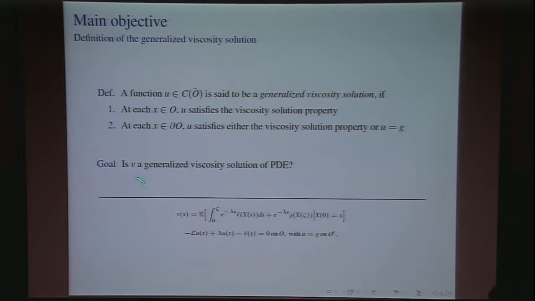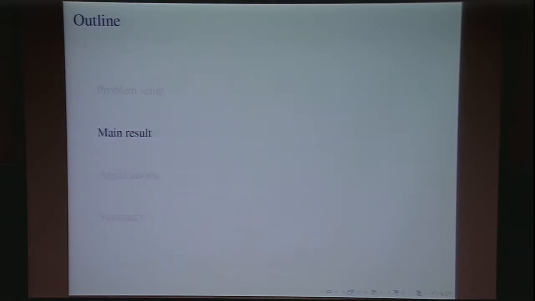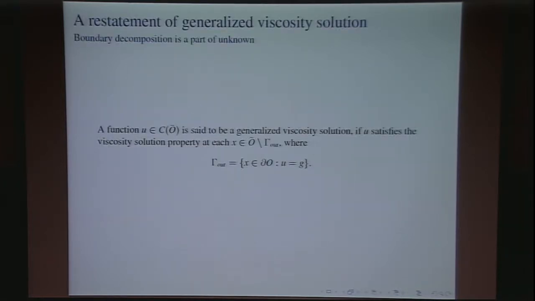So our goal, now we can be precise with our original question. The original question is, does V solve the PDE? Now our question is, is V a generalized viscosity solution of the PDE? So this is the precise question. Now we're going to reinterpret this definition. For a candidate function U, of course we have to require that it is continuous up to the boundary.